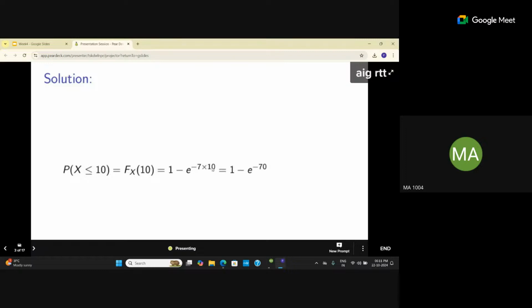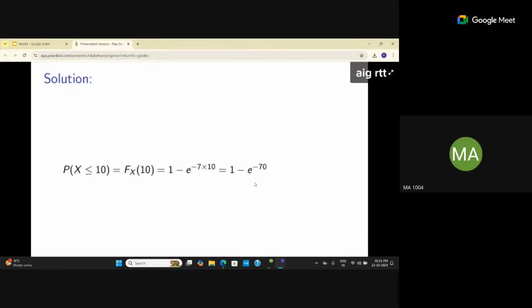So you simply put the value of x, which is 10, and this will be the answer, right? Okay, this is clear.